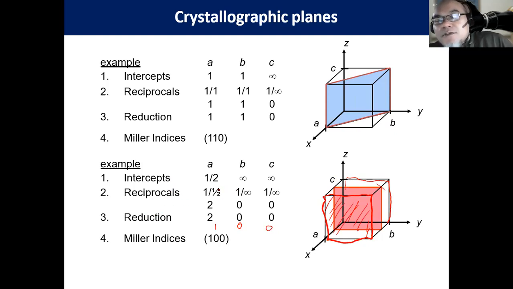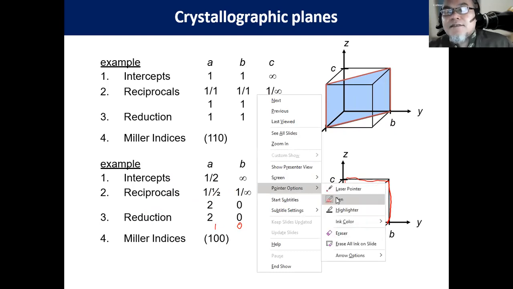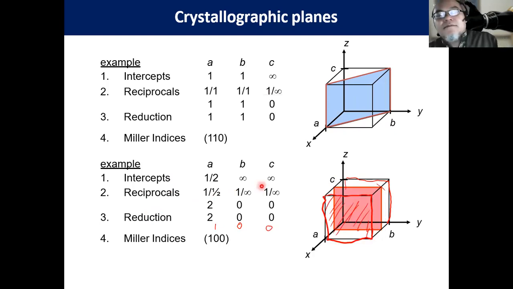Only the 2, 0, 0 plane occurs 2 times within the single crystal, but they can have the same Miller indexes.